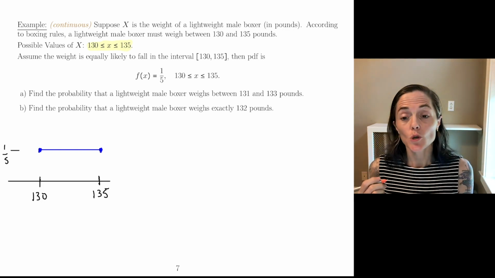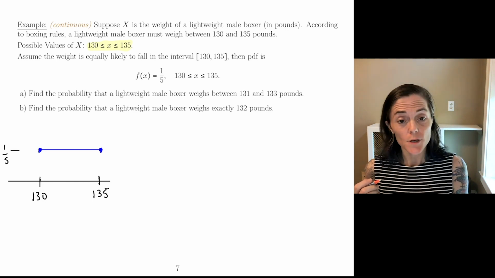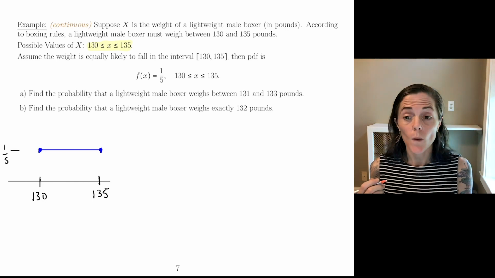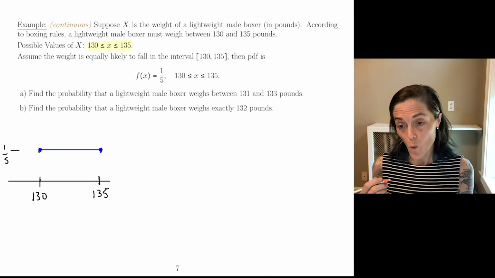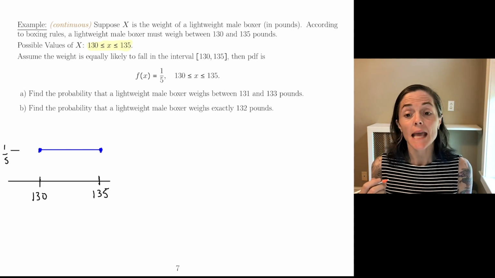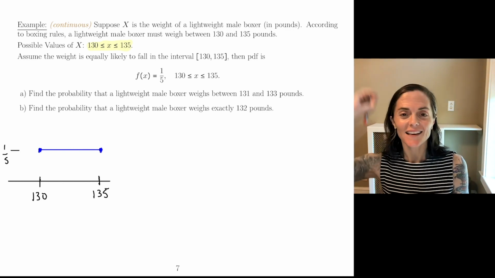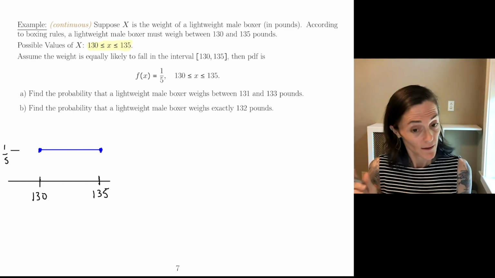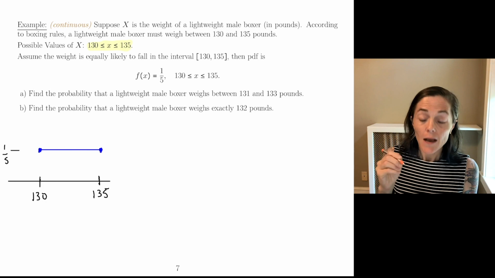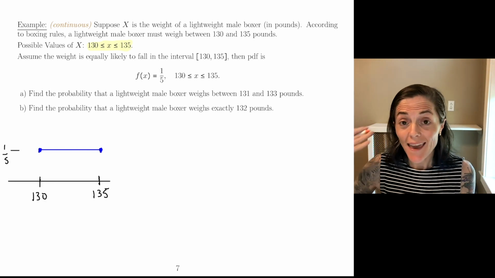Now, we have two questions. We want first the probability that the boxer weighs between 131 and 133 pounds, and then the probability that the boxer weighs exactly 132 pounds. Okay, well, we answer this question using area.